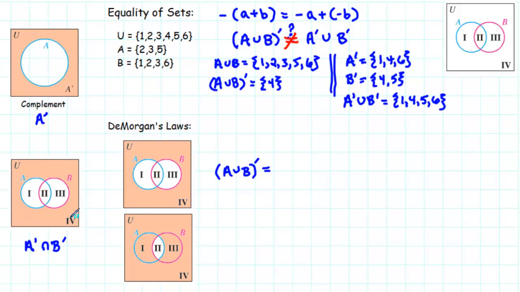Yeah, right over here. Region 4 can also be written as the complement of A intersected with B complement. So because both of these statements end up with the same shaded region, we know that the complement of A union B is A complement intersected with B complement.